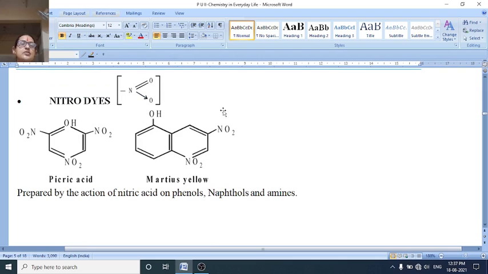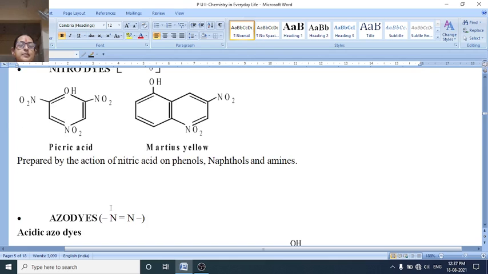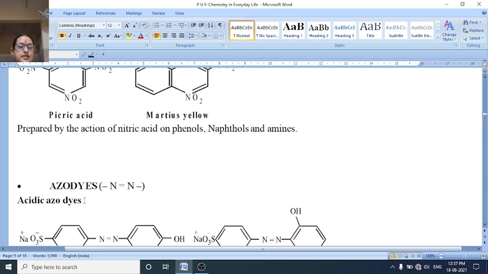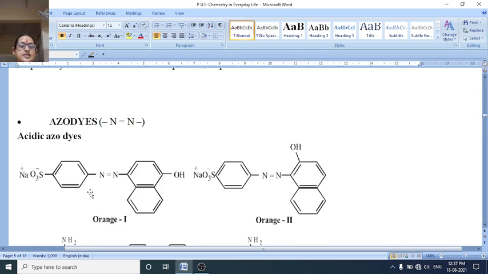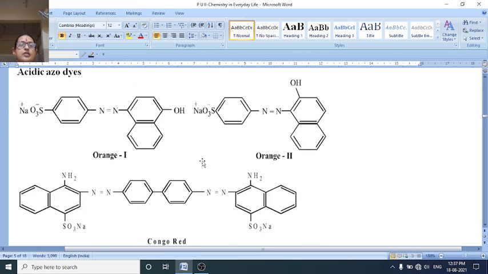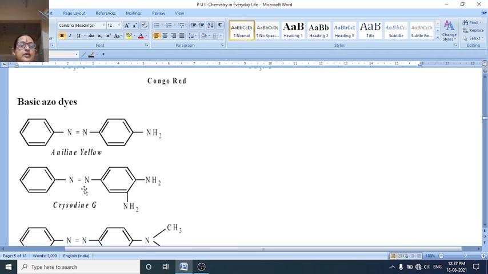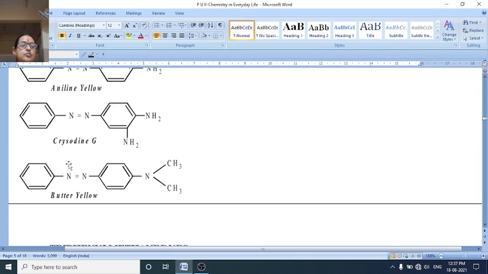Here it goes with nitro dyes, picric acid, Martius yellow, prepared by the action of nitric acid on phenol, naphthol and amines. Next is azo dyes, acidic azo dyes. This is orange 1, orange 2, Congo red, then aniline yellow, chrysodine, butter yellow.